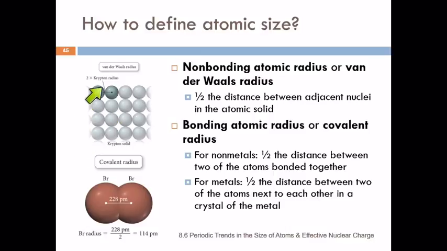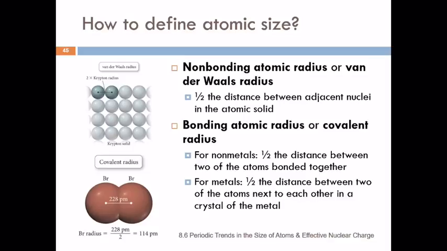For some atoms, you can't get the non-bonding radius because they don't form atomic solids. But for krypton, we can measure the distance between the two nuclei, and then we assume that the radius of the atom is half that distance.